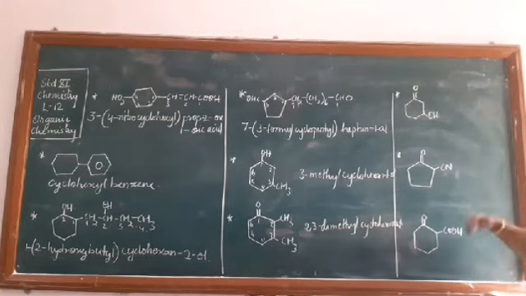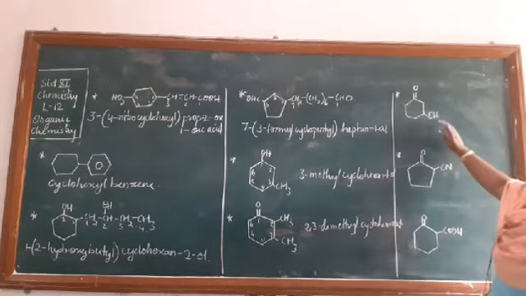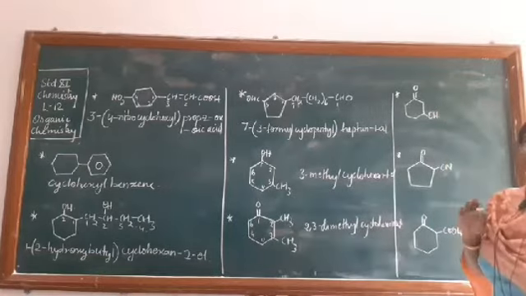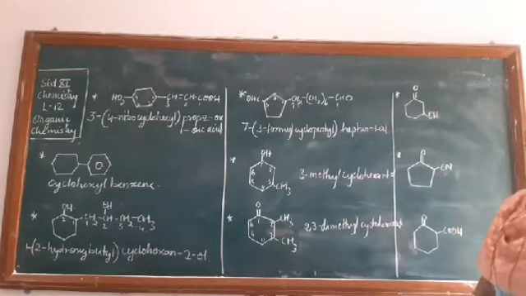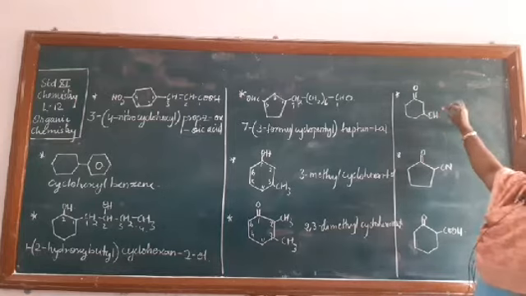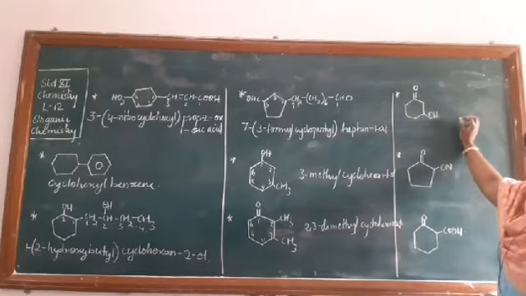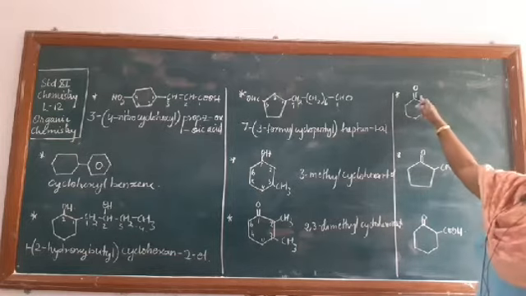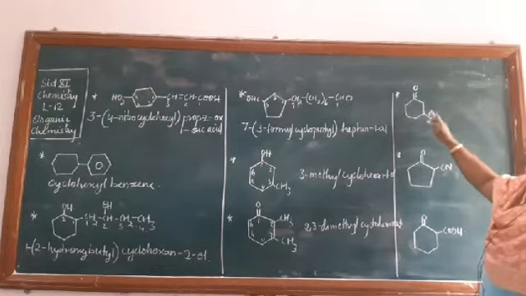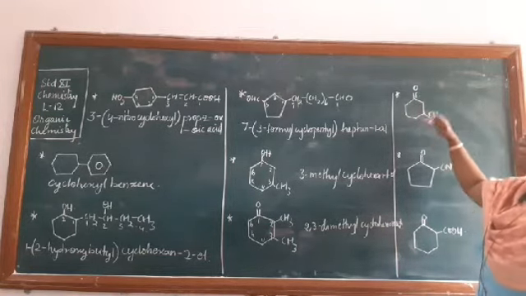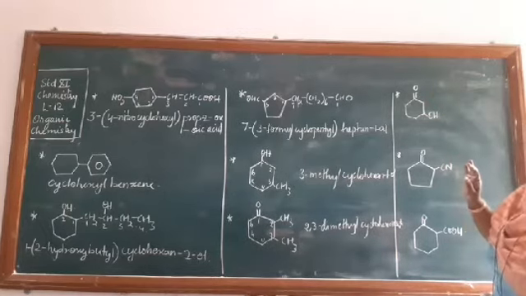Here there are 2 functional groups and both of them are considered principal functional groups. So here OH and C double bond O. Which has the preference? The preference is of C double bond O. So the name of the compound should end with that ketone group.